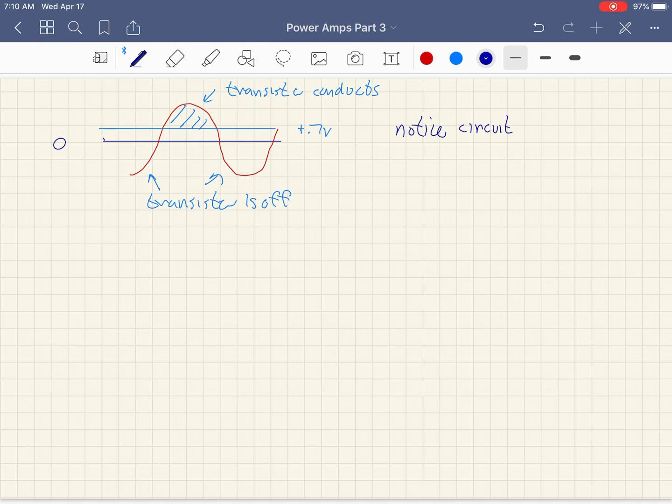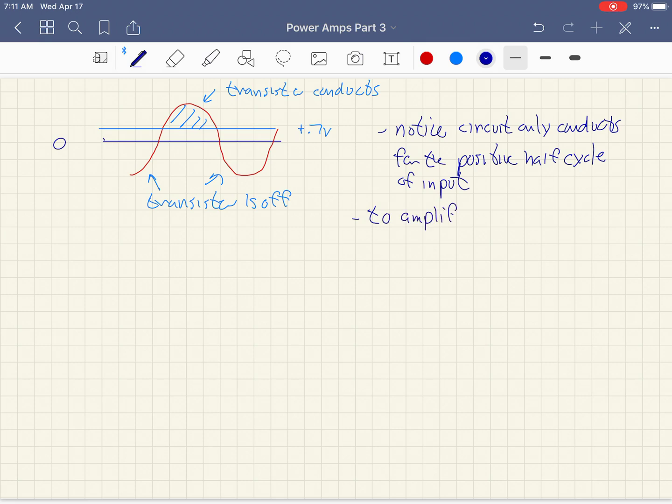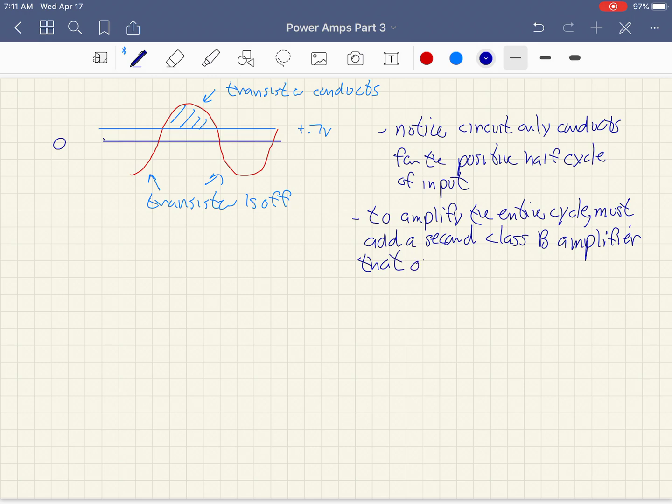Okay, so we're going to say it again, just to make sure we understand it. Notice the circuit only conducts for the positive half cycle of the input. Okay, if you want to amplify the entire cycle, you must add a second Class B amplifier that operates in the negative half cycle.